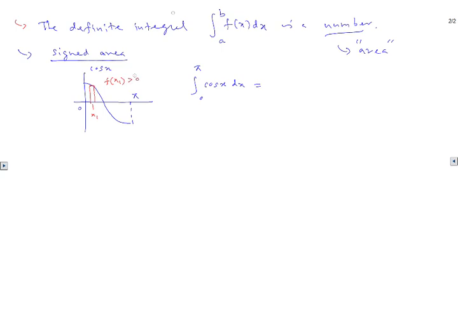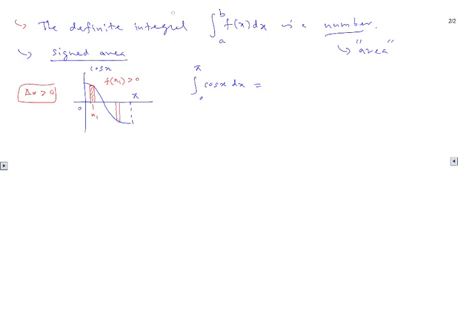The area becomes positive, because delta x, the gap, is always positive. So you get a positive area for the first part. What about this one?